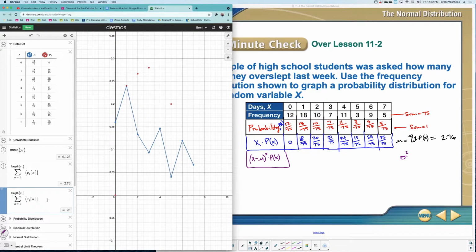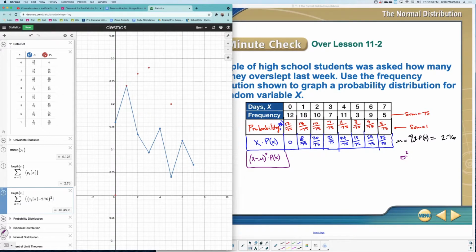What I'm going to do is take that value and subtract it from the mean, which we got to be 2.76. So each value minus, oops, I put 2.76. There we go. And now we need to square this.